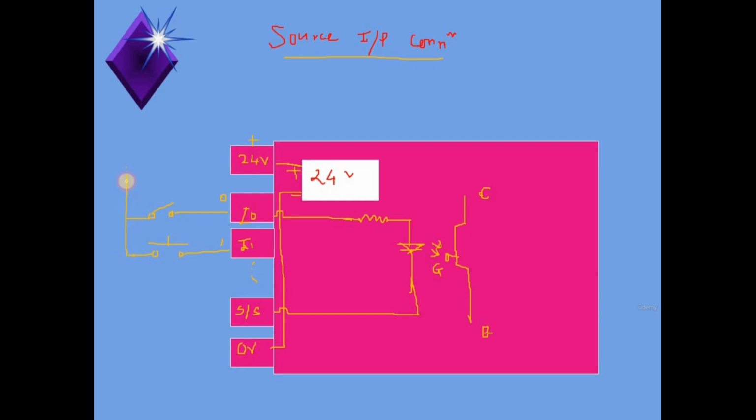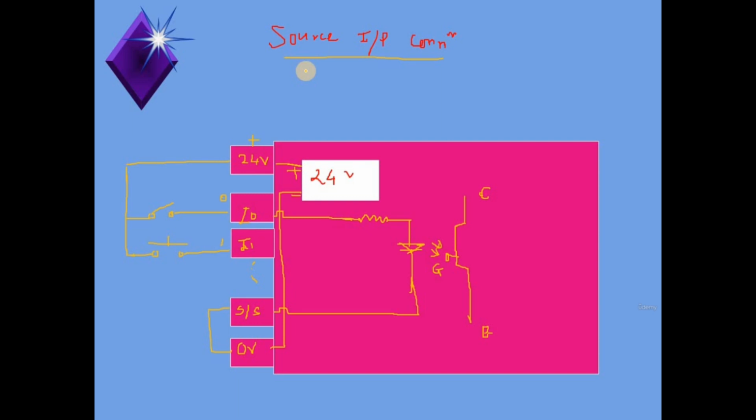We need to connect these two field input devices to the positive side of the power supply, and we must short these two terminals, the sink source terminal and the common terminal. So this is about the source input connections.